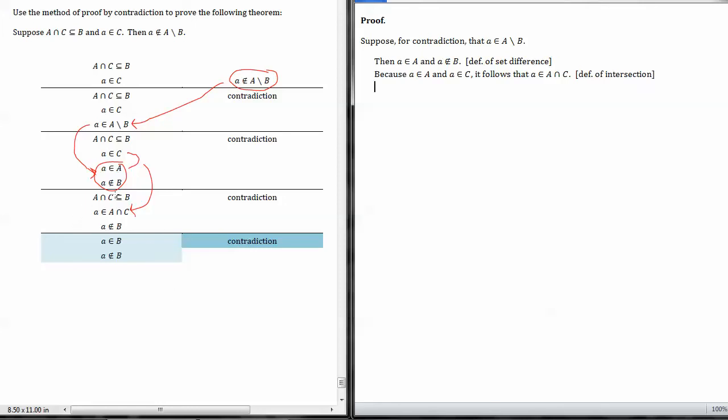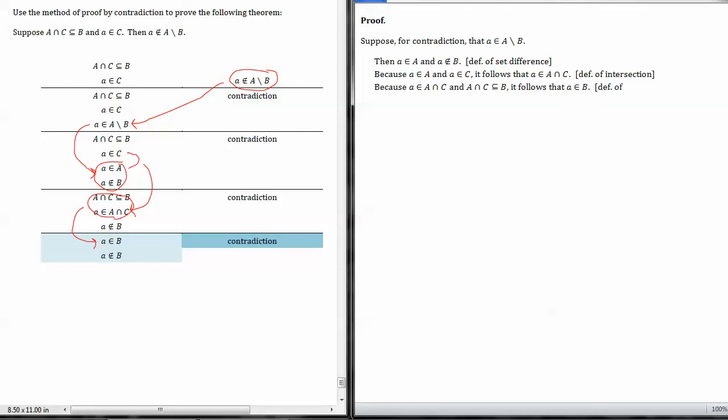And then we combined that with the subset statement to conclude that A is in B. Right? So say because A is in A intersect C, and moreover A intersect C is a subset of B, it follows that A is also in B.